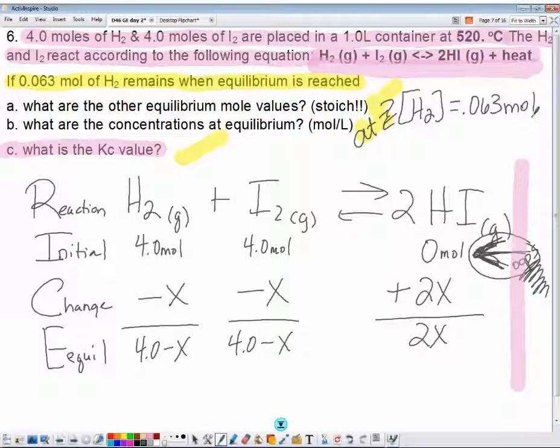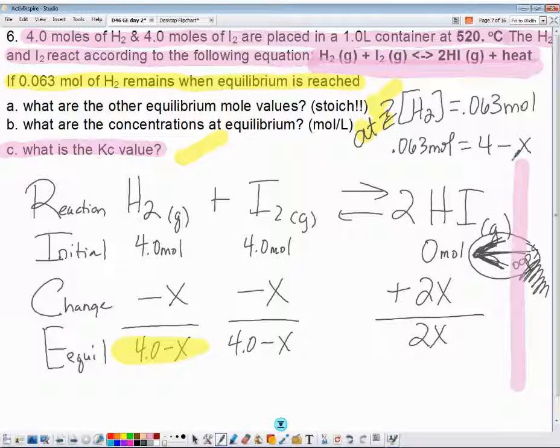What have I said that hydrogen is at equilibrium? 4 minus X. So does that mean that 0.063 moles is equal to 4 minus X? Do I know X? I can find X. That is how this ice chart is working.